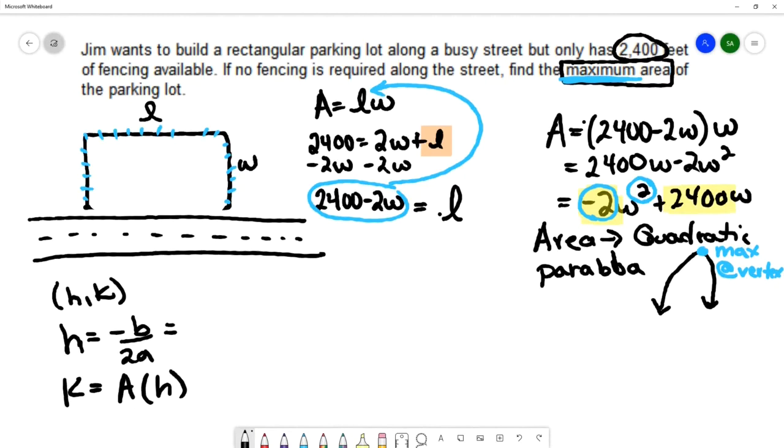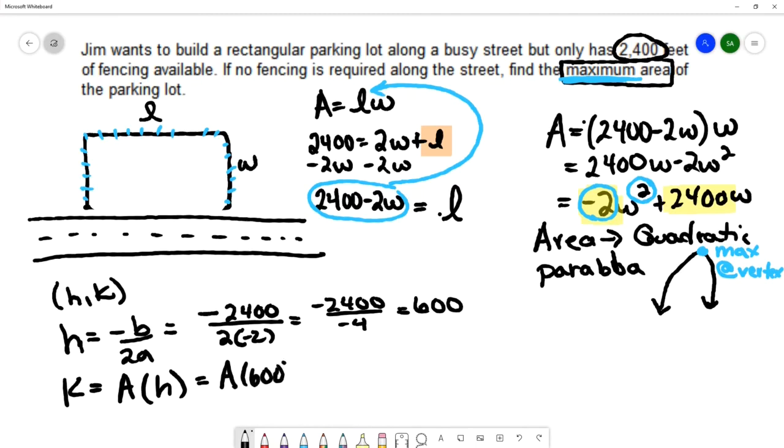So the x-coordinate of the vertex is negative 2,400 divided by 2 times negative 2. That's negative 2,400 divided by negative 4, and that's going to be 600. And then we can find the area by substituting 600 into the area function.